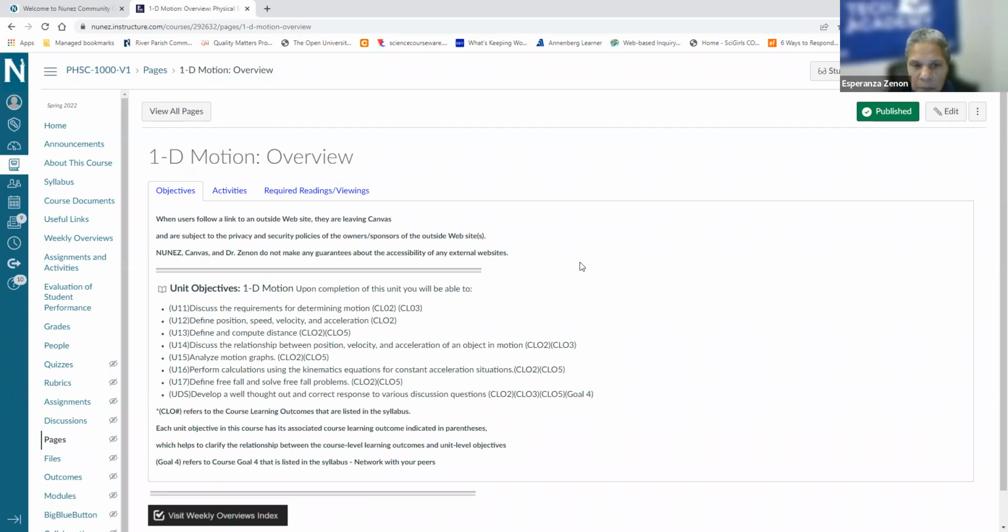So this 1D motion stuff is setting the foundation for the properties and characteristics that you need to be able to apply in other situations when we deal with other types of motion.